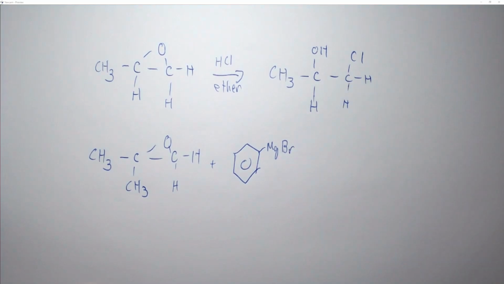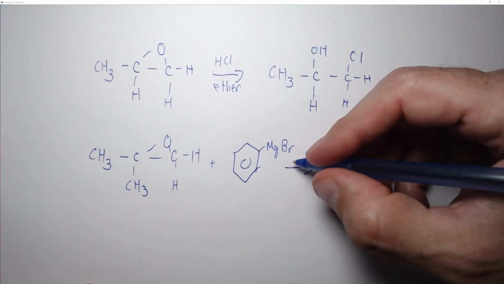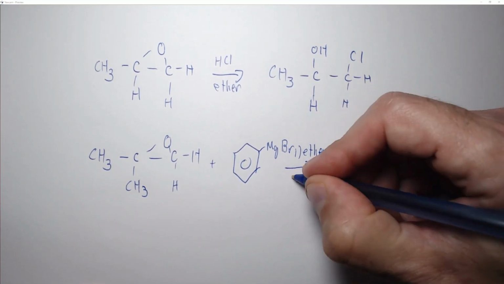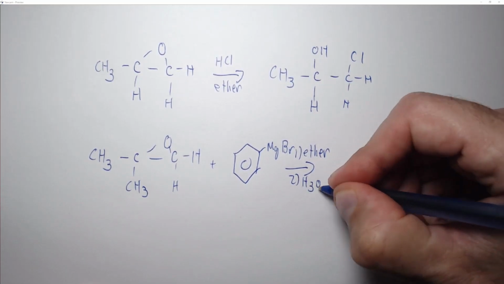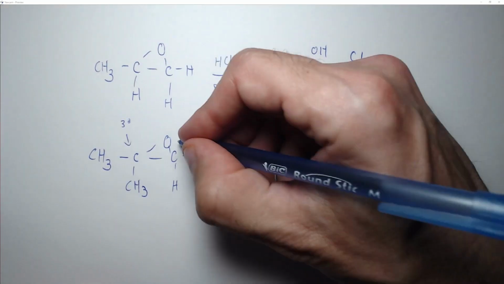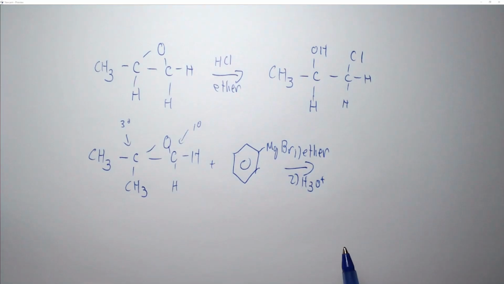So it's a fairly large Grignard reagent. We add ether and we add H3O+. Now, how are we going to decide which side it goes to?